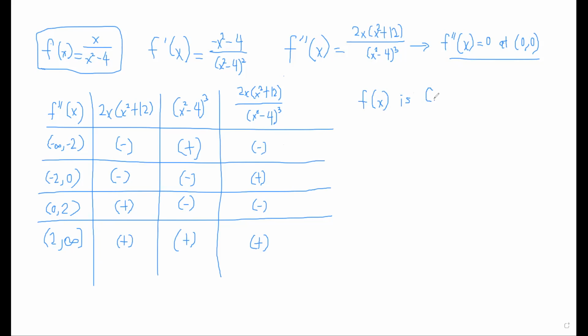I'm going to write CD for concave down at negative infinity to -2, and 0 to 2. And concave up, CU, from 2 to infinity.